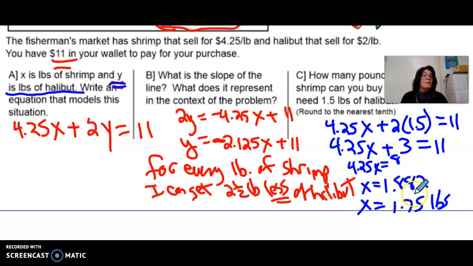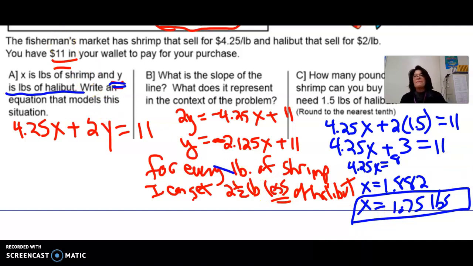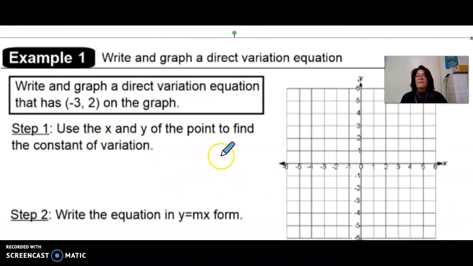I'll get as close to 1.88 as I can, whatever the guy will give me. Maybe he has a digital scale and he can give me 1.88. I don't know. But that's how many pounds I can get. It's a good way to know instead of standing there at the cash register with not enough money, right? We've all been there, I'm sure.